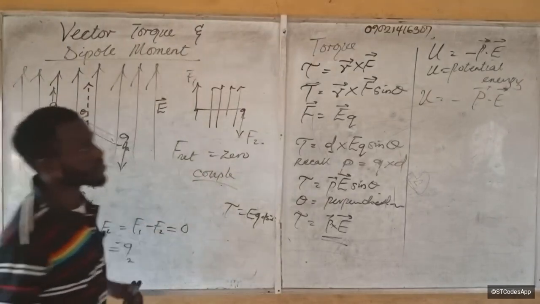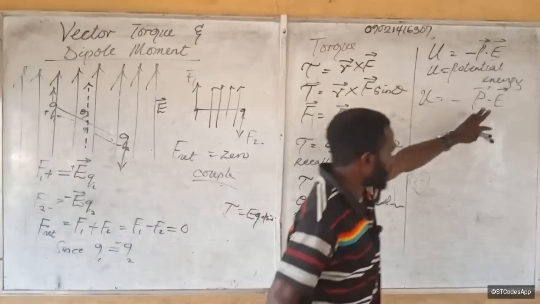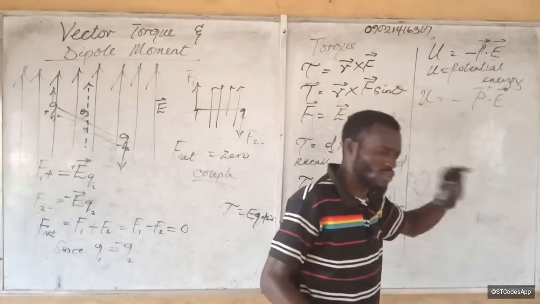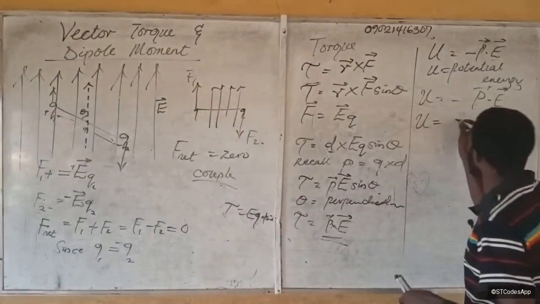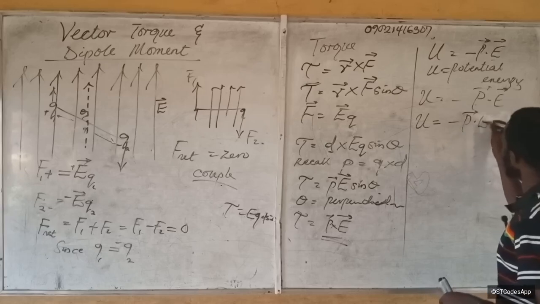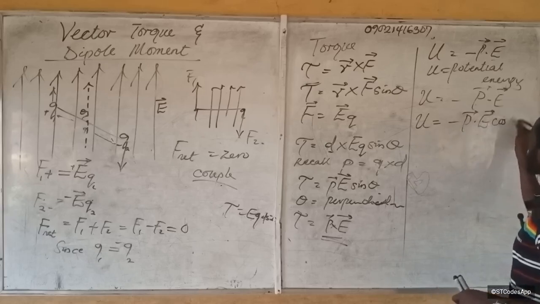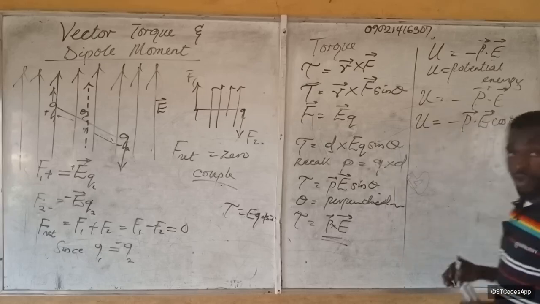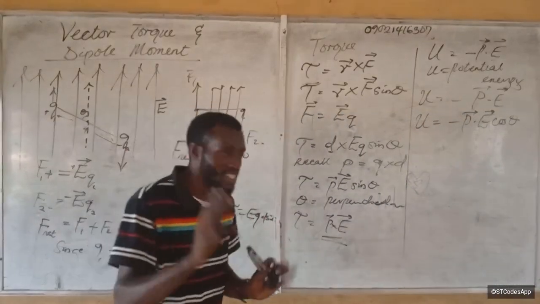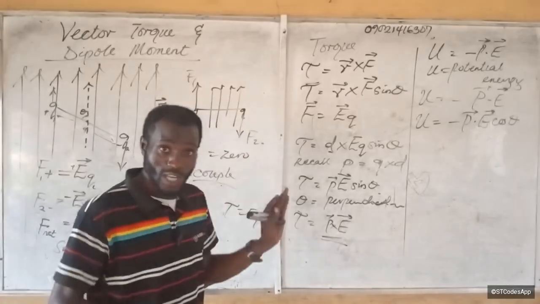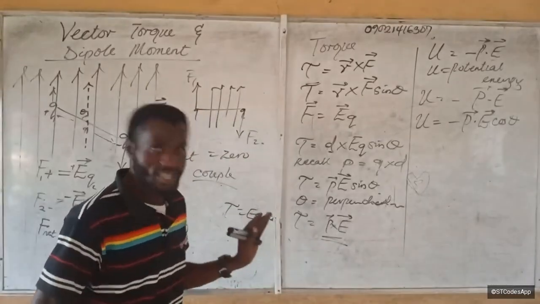Does that make sense? First, note that it is a dot product, a scalar product. So I can still say that U is equal to minus PE cos theta. Do you remember cos theta for dot product? I want you to understand this. It's the negative I'm trying to explain first.